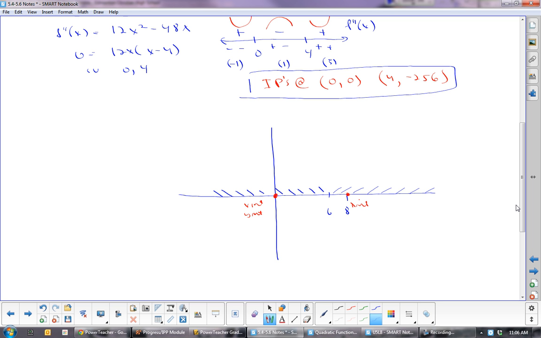Okay, for my second derivative, I need to put a 4 on here because that was a critical value. From infinity to 0, I'm going concave up. From 0 to 4, I'm concave down. And from 4 to infinity, I am concave up.